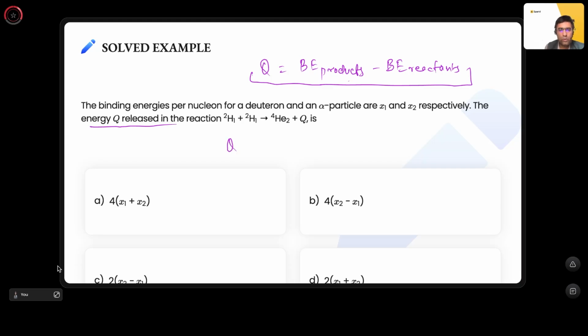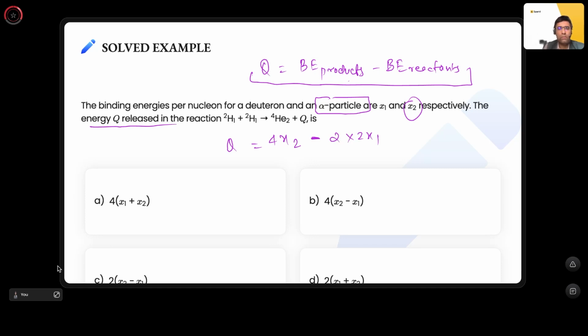So here the Q will become how much? Binding energy of the products. The binding energy of the products is how much? For the alpha particle, it is given as x2. So it will become 4x2 per nucleon. It is given. So I am multiplying it with 4 minus 2 into 2x1.